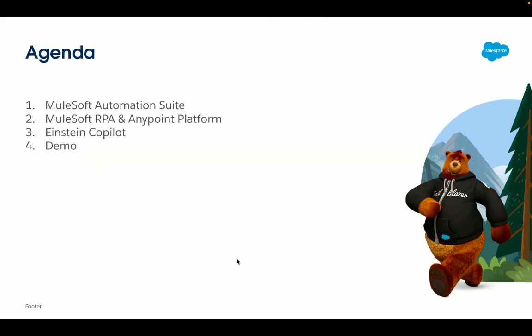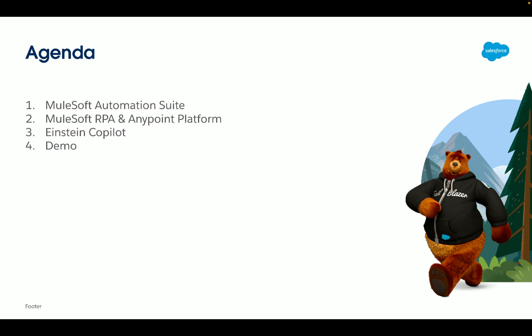This is the agenda of what we will be covering in this video. We will first go through the MuleSoft Automation Suite, which will help people understand the capabilities of the MuleSoft platform and the different products in this suite. Then we will learn more about MuleSoft RPA and Anypoint Platform.